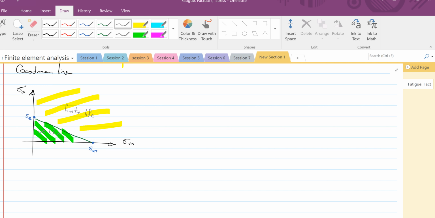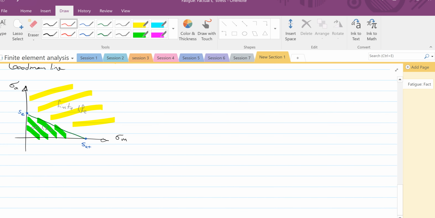Let me add one more line. We have another decision-making line, which we call Langer line or yield line. And the points for that line are yield stress. So this is our yield stress and yield stress here.